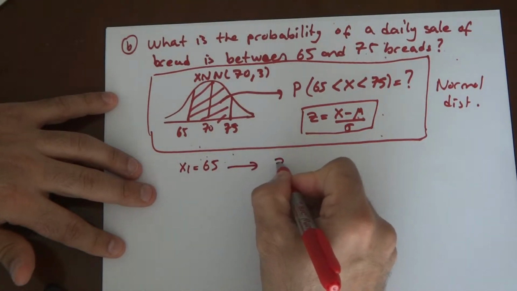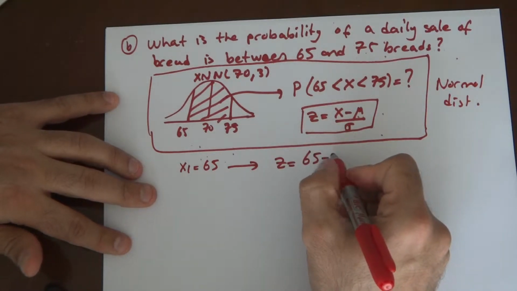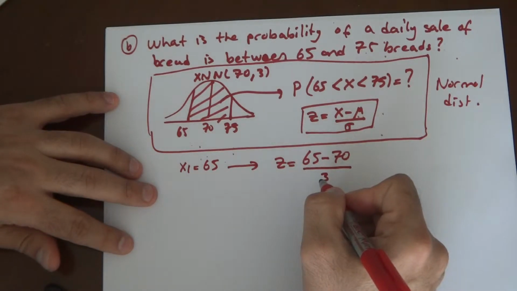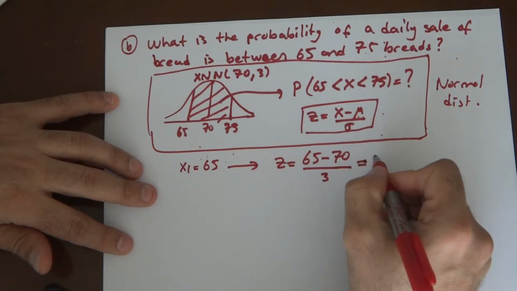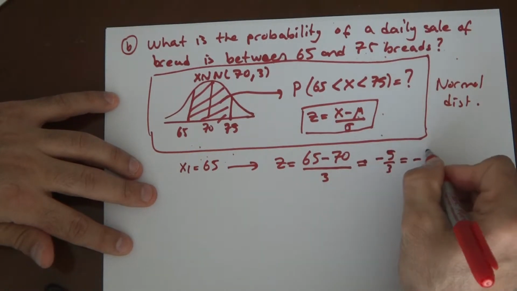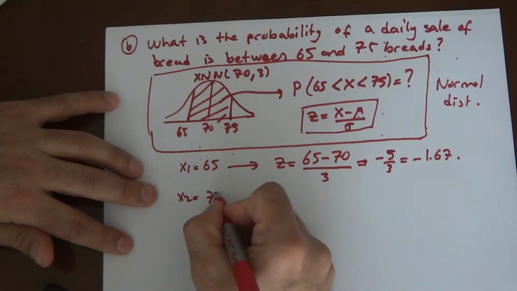Use the transformation formula. 65 minus mu. Mu is given 70 and standard deviation is 3. So this is approximately negative 5 over 3, so it's approximately negative 1.67.